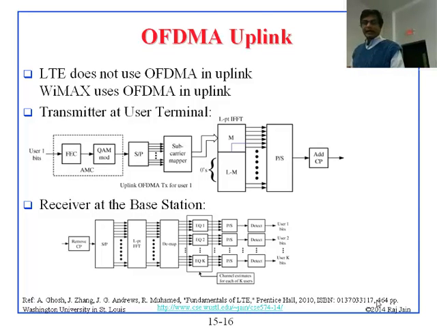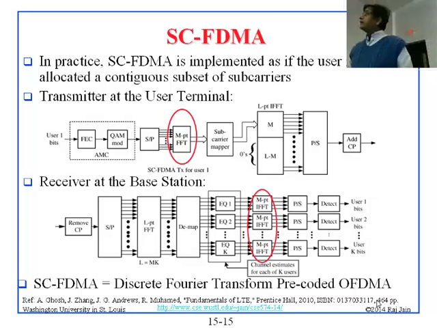Actually, I remember back in 2010, this was the topic of debate because LTE said we are different from WiMAX, and we are different because we do this single carrier FDMA, which is much better than OFDMA. It is much better because we have low PAPR and all that.